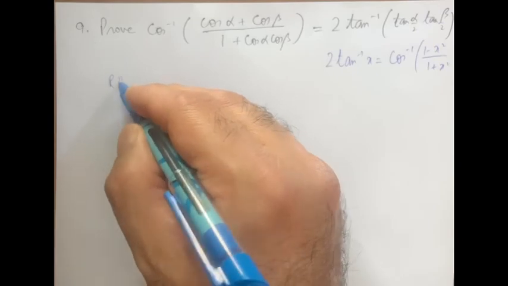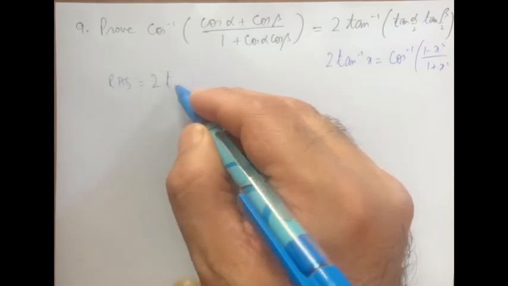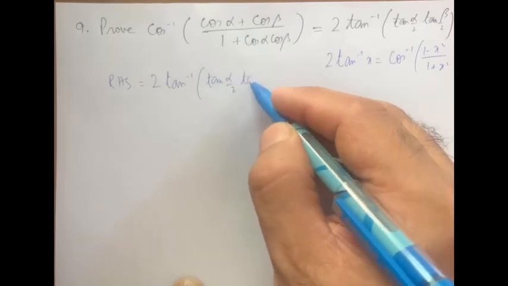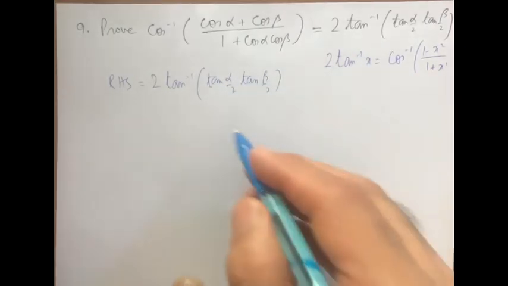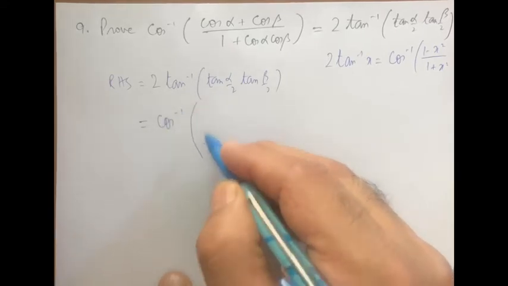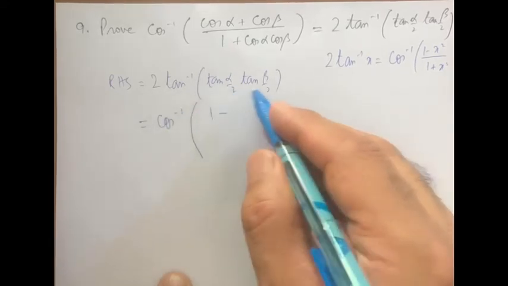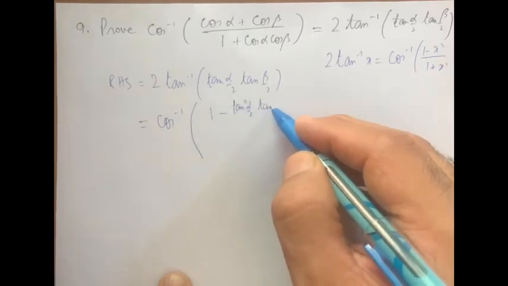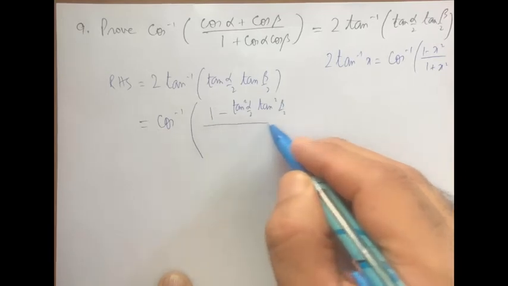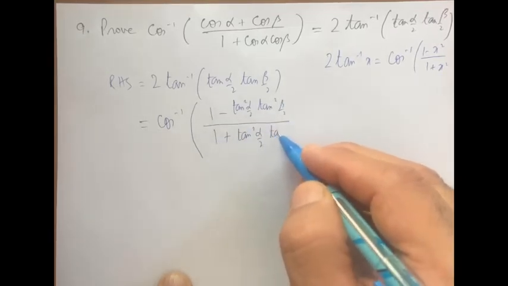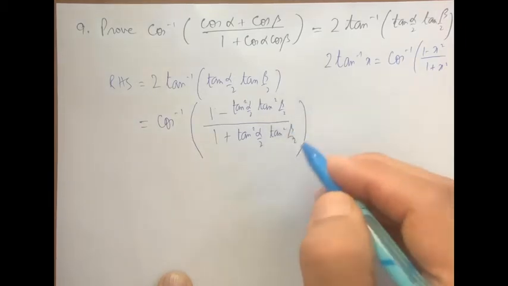So starting from the right hand side, which is 2 tan inverse of tan alpha by 2 into tan beta by 2, this is equal to cos inverse of 1 minus tan square alpha by 2 into tan square beta by 2 upon 1 plus tan square alpha by 2 into tan square beta by 2.